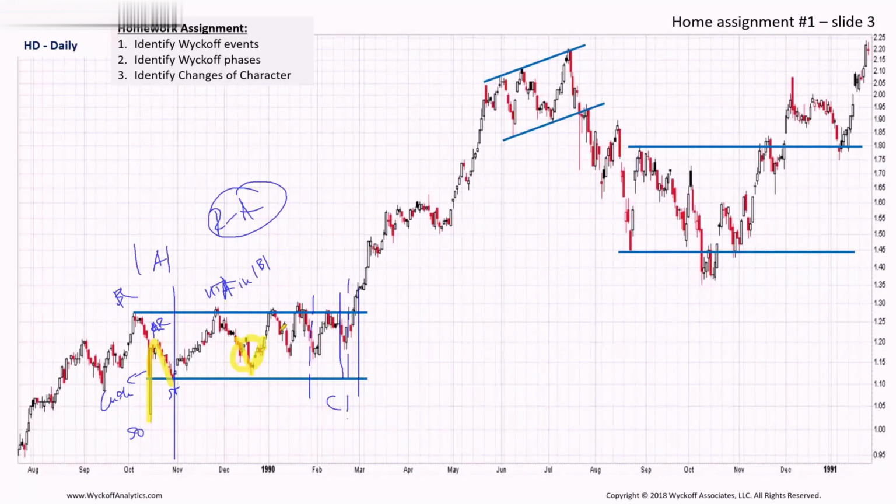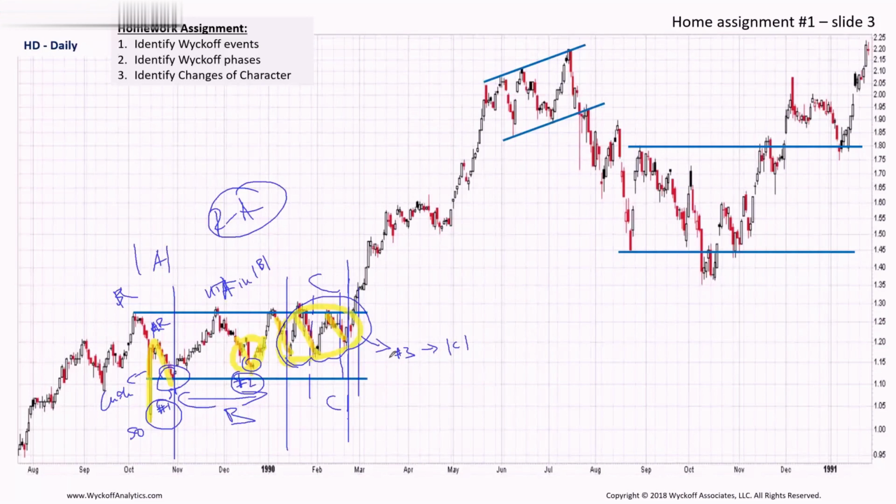It's phase B. And then it seems to me that all of these reactions here belong to the next structure. That's how we want to define phases. So we want to say that this is our phase C, and then everything in between is B, and this is our first test. So test number 1, test number 2, and then this whole area right here is just more complex, so that becomes our test number 3, and therefore a potential phase C.